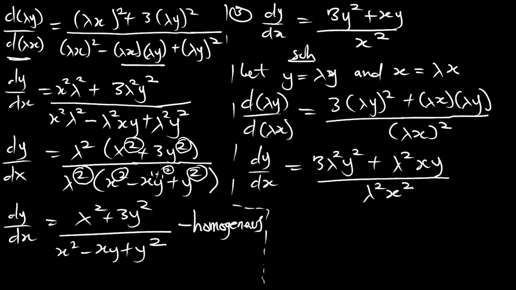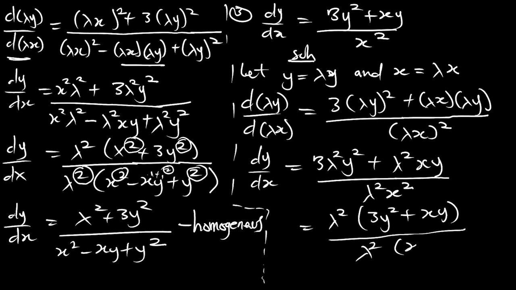So when we do our factorization, we can bring this out, giving us 3y squared plus xy, and lambda squared out, giving us x squared. So you can see that they are of the same power as the equation. You add 1, they are all going to be in power of 2. So you cancel out, you are still getting your equation back, meaning the equation is what? Homogeneous.